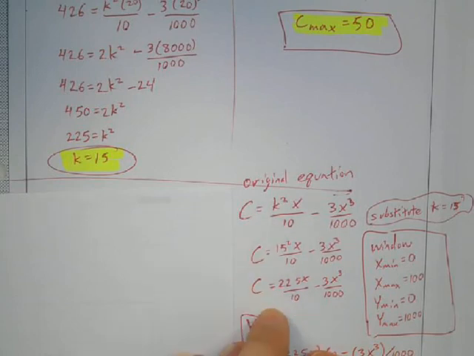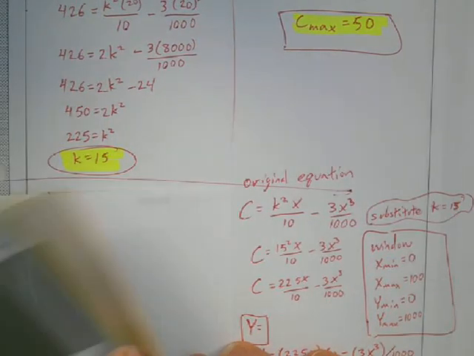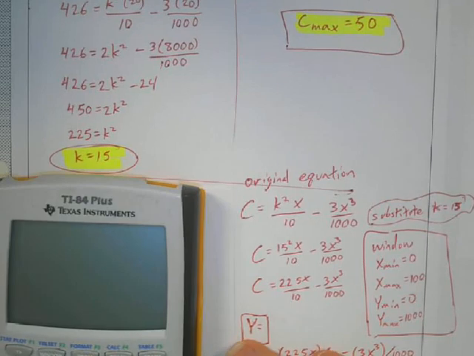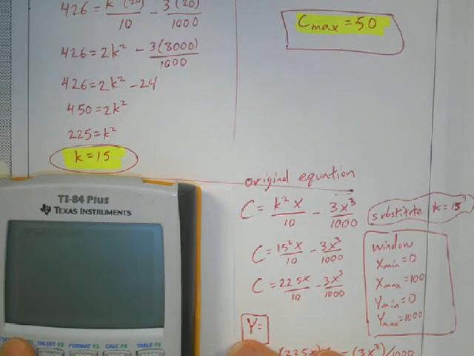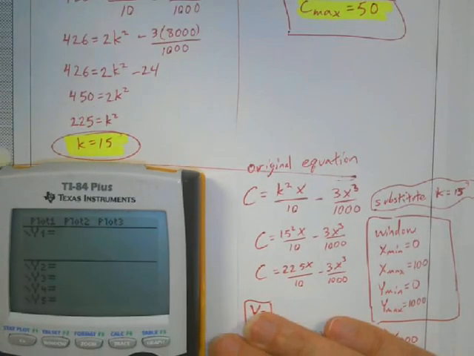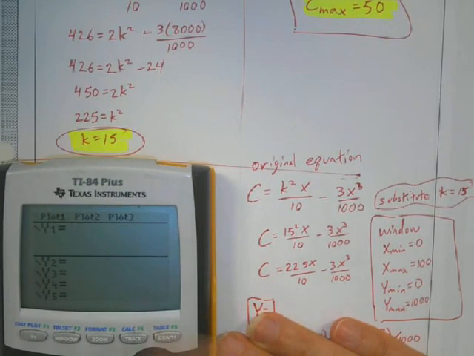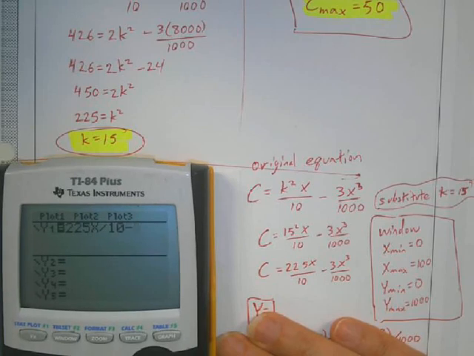Okay. So in order to graph this, I needed to change my window on my graph. Let's type this in. Okay, so I've got 225x divided by 10 minus 3x cubed divided by 1,000.